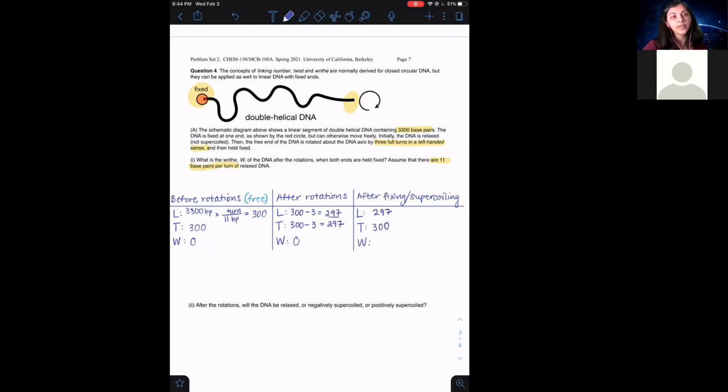And in order for the twist to go back to 300, the writhe needs to compensate. To determine by how much the writhe compensates, we can use our trusty equation. We know the linking number is 297, which is equal to the twist, 300, plus writhe. And we can use this to solve for the writhe after the rotations.